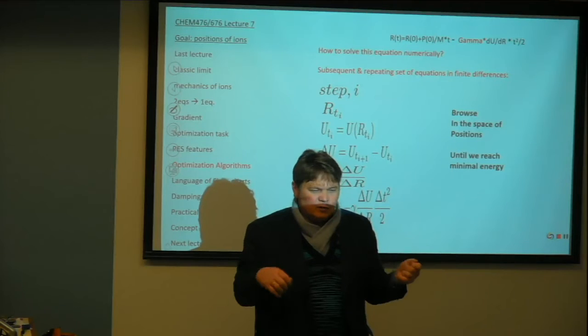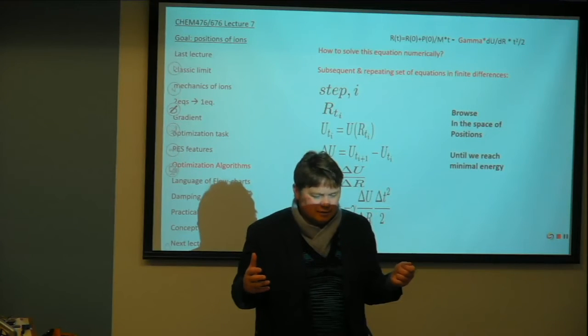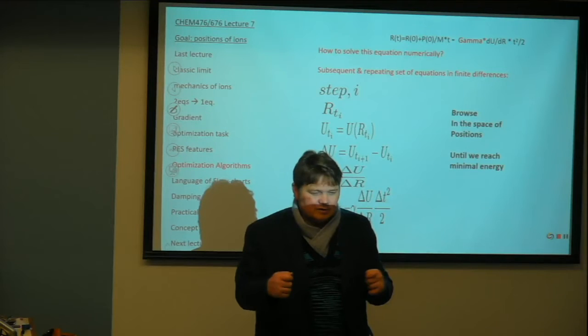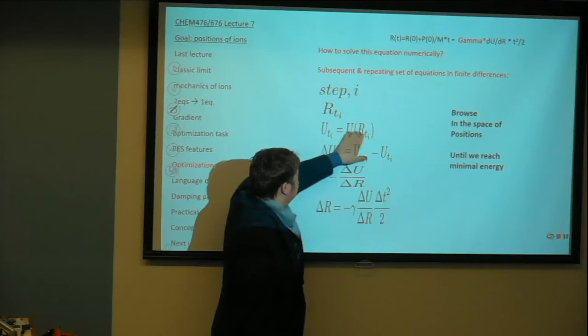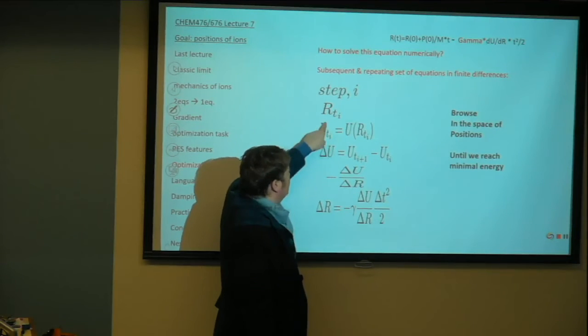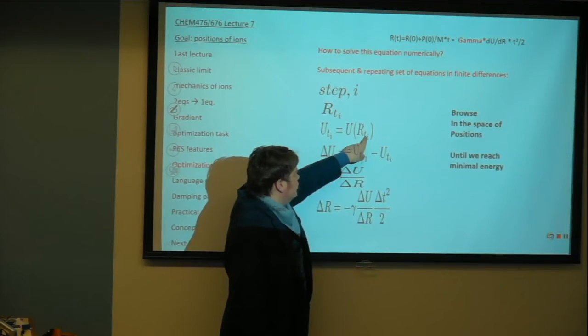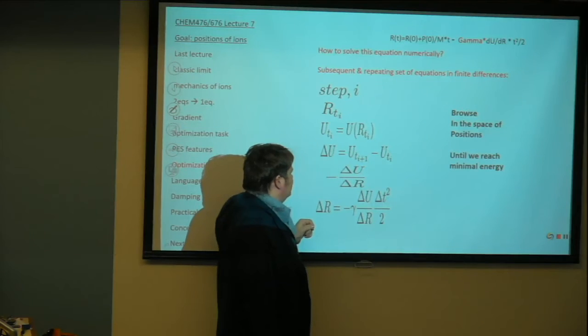If we are electronic structure people, then it is the potential energy surface that comes from the eigenstate of the electronic Schrödinger equation plus the Coulomb repulsion of nuclei. Suppose we can find the value of potential energy for a provided value of interatomic distance.